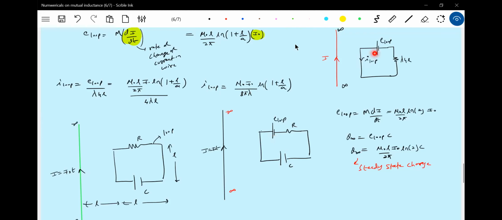This is a very basic problem. This can be asked in a different way here. Anybody having doubts, you can clarify.